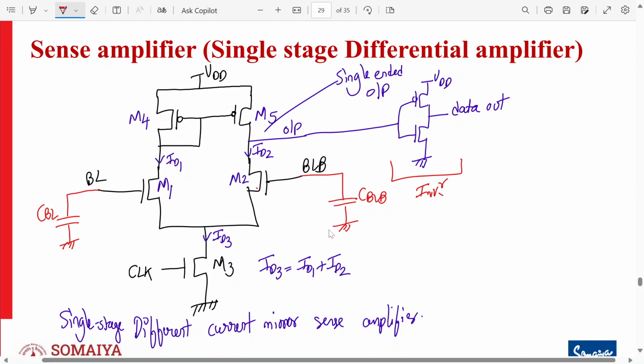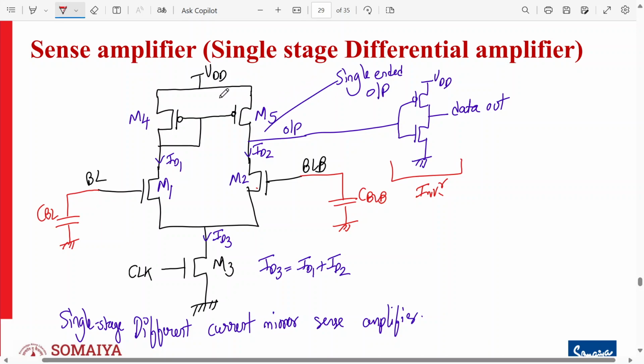Since M1 and M2 conduct, the common source node is pulled up and the output node of the amplifier also goes high. Okay, so due to that, if one of BL and BLB comes down, the sense amplifier will sense it, and it will amplify the difference at the output. Okay, and this data out will drive the output node.